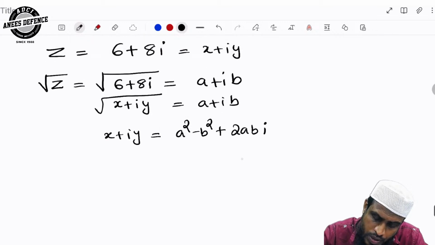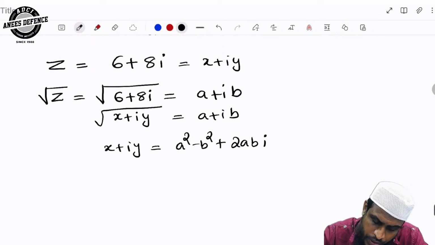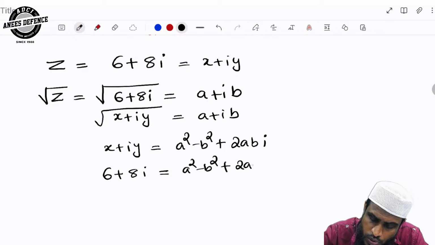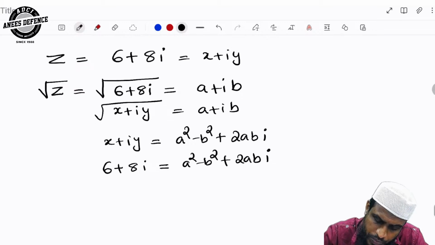So here x plus iy can be written as 6 plus 8i equal to a square minus b square plus 2abi.